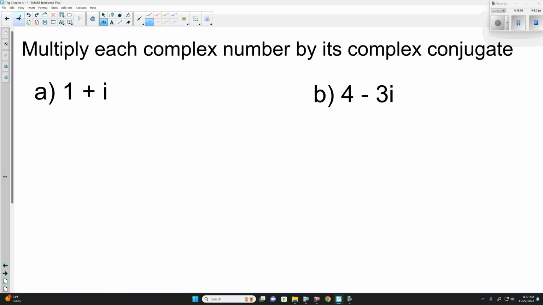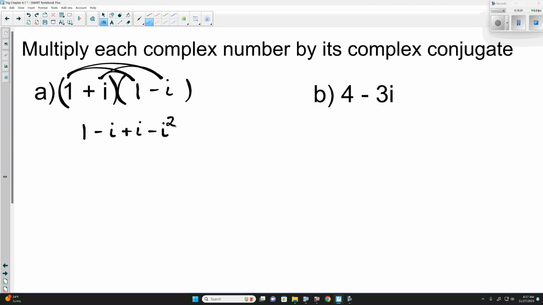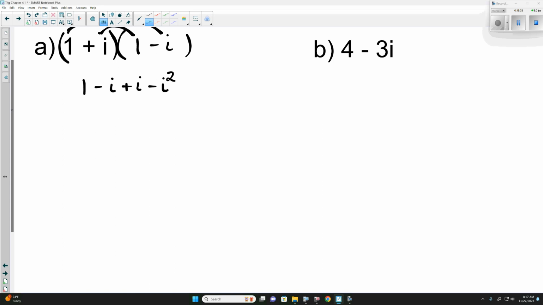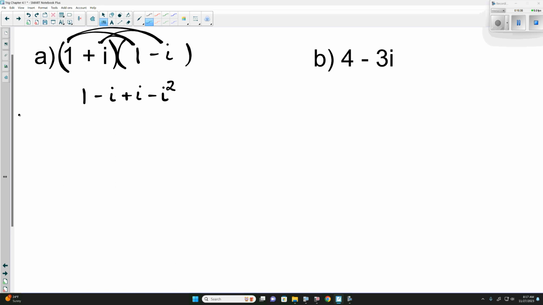So 1 plus i, if we're multiplying it with its conjugate would be 1 minus i. And we multiply this together. 1 times 1 is 1. 1 times negative i is negative i. Positive i times 1 is plus i. And i times negative i is negative i squared. And as we've seen already, i squared is negative 1.